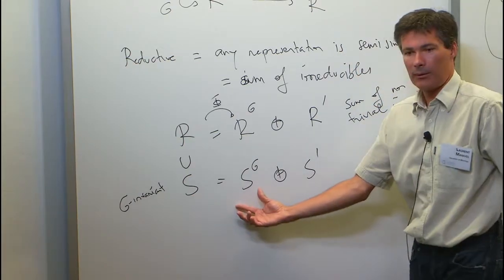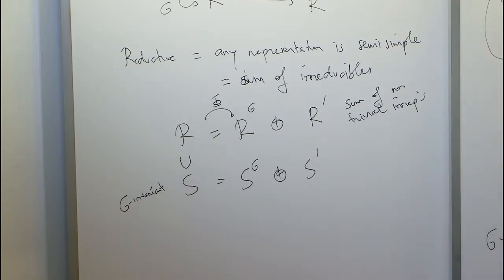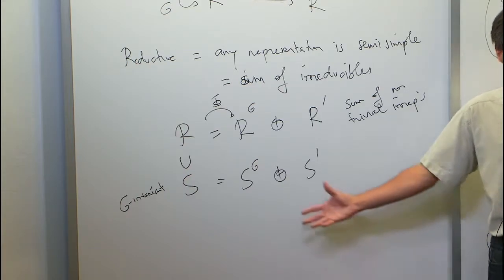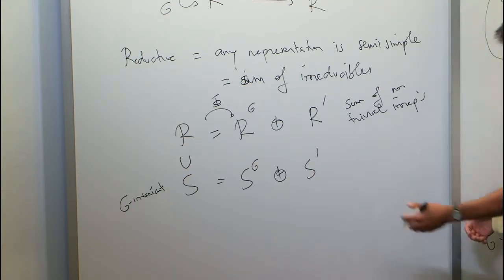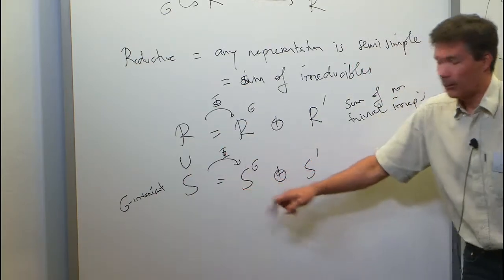I take the invariants on one side, and on the other side the sum of the non-trivial summands in S. I have this decomposition, and the Reynolds operator, by the very construction, sends S to S^G.